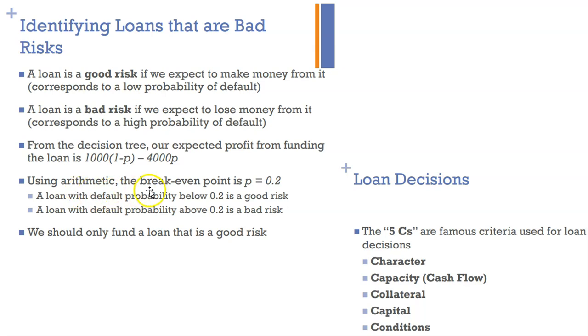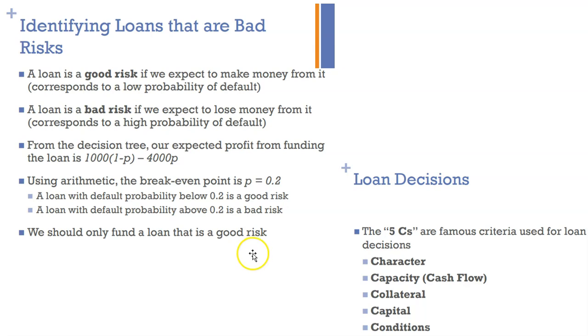Using arithmetic, the break-even point can be calculated at 0.2. Again, $1,000 and $4,000 are just an example, and the 0.2 is also just for this example. They're not a general rule. A loan with default probability below 0.2 or 20% is a good risk or low risk. A loan with default probability above 0.2 or 20% is a bad risk. We should only fund a loan that is good risk or low risk.